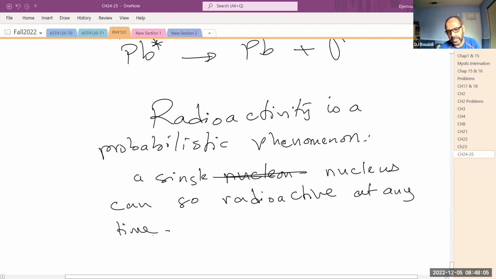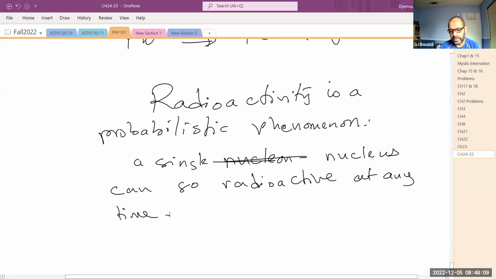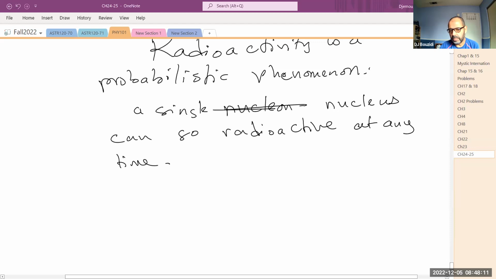Okay, so when is it going to be? I don't know. It's based on some sort of probability, and the probability means that, let's say, for example, it's a 50% chance that it's going to go radioactive in about 1 hour. But it could last for 3 hours, could last for 7 hours without going radioactive, or it could go radioactive in about 2 seconds. So that's basically what probability means.